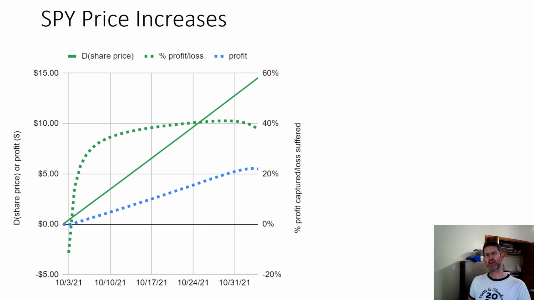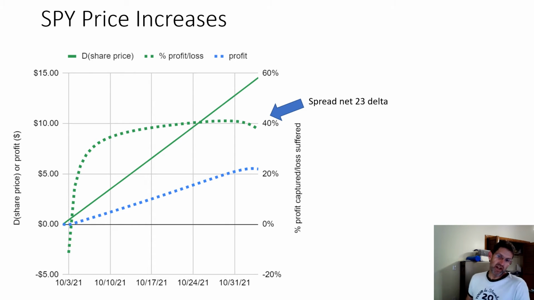So in this case, when you have a winner like this, it's the value of the spread divided by the value of the stock. So in other words, if the stock price goes up by $15, then the value of the spread went up by about $6. So that's about 40% of the profit captured.